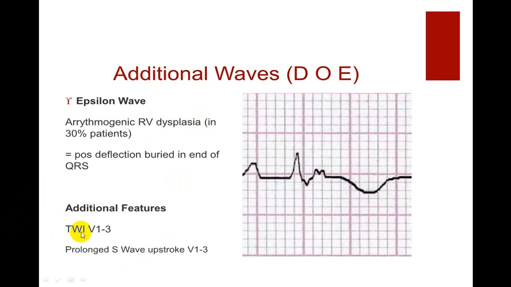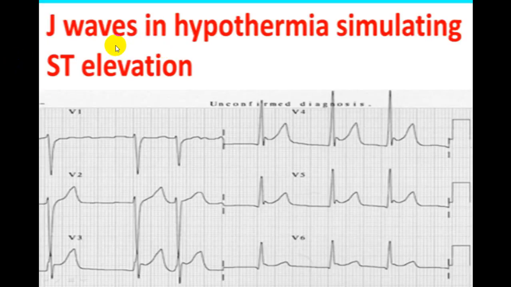T wave inversion is seen in V1 to V3, with a prolonged S wave, S wave prolongation with an S upstroke, seen in V1 to V3, characteristic of ARVD.